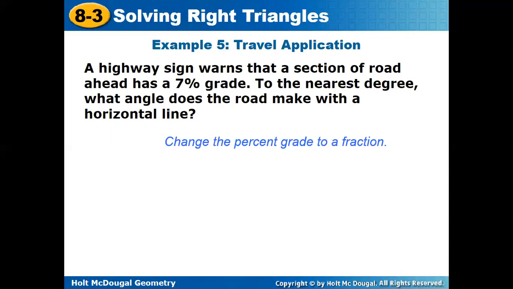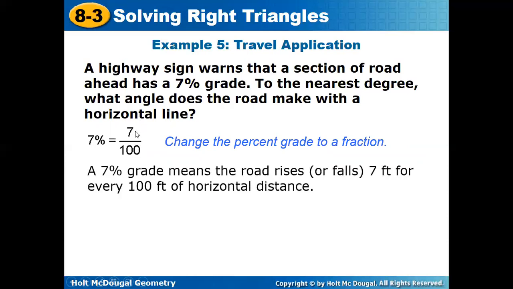Yes, we can change the percent grade to a fraction. 7% means 7 over 100. Why do we convert it to a fraction? We write it as the fraction 7 over 100 to make it like the rise over the run.